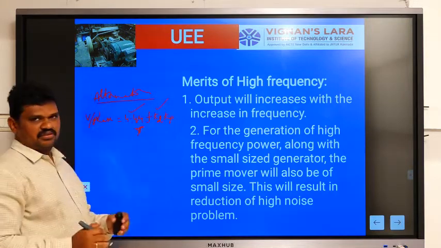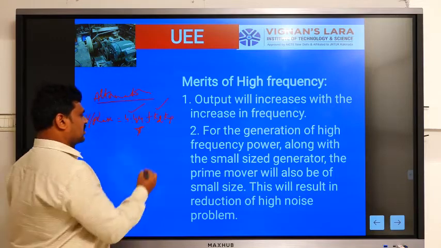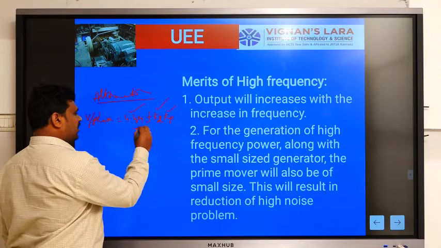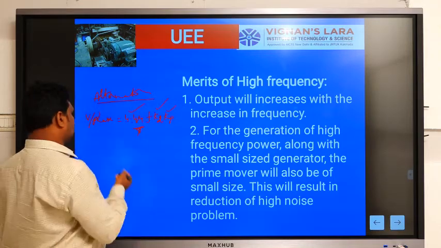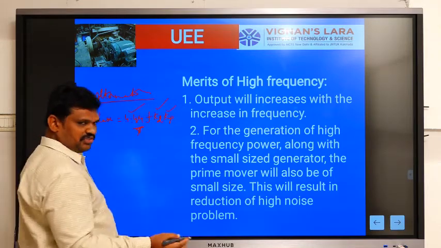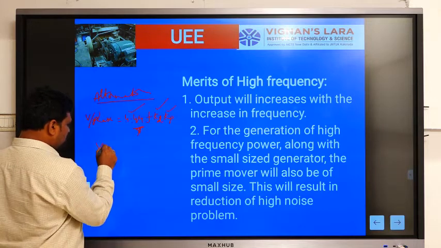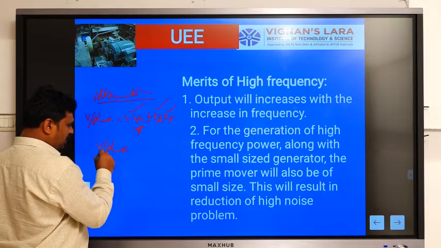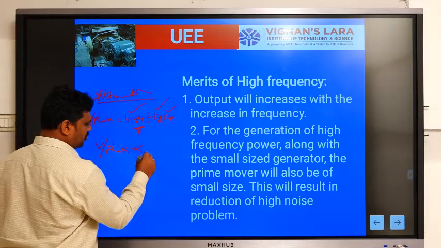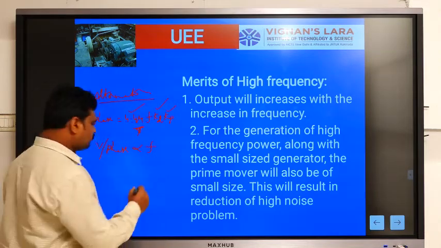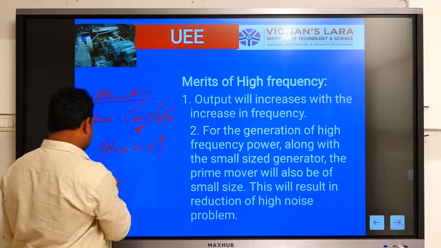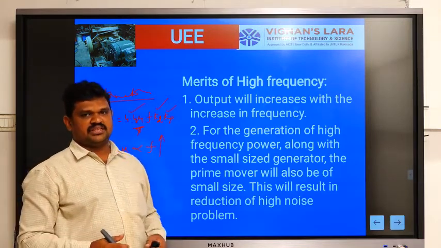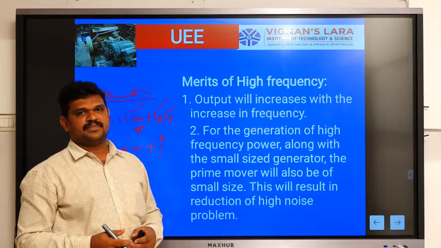KD, the distribution factor, is constant. KP, the pitch factor, is constant. The number of turns per phase is also constant. Here the only variable is the frequency. So the voltage per phase is proportional to frequency. If I increase the frequency, the generated voltage also increases.